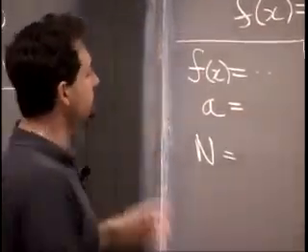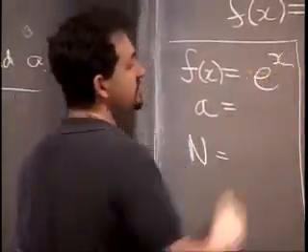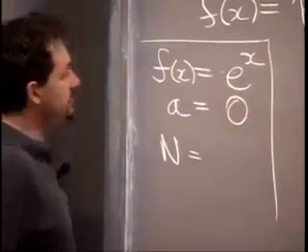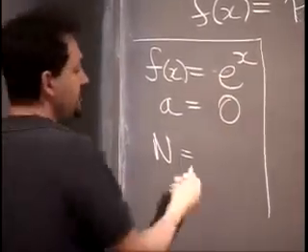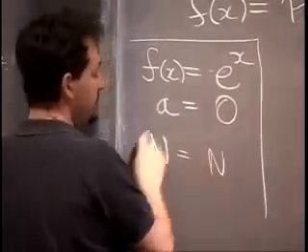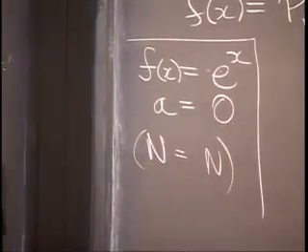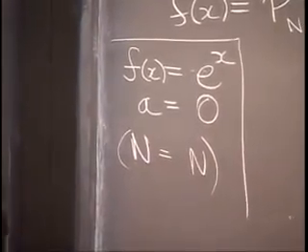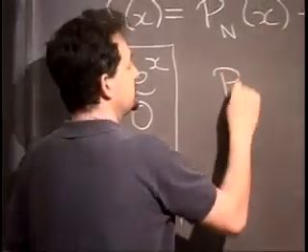So in our case, we'll pick f of x being e to the x, and we're going to pick a to be 0. And n, I'm not going to say yet. I'm not going to pick a specific value of n. I'm going to leave it open. Now, what is Pn of x?